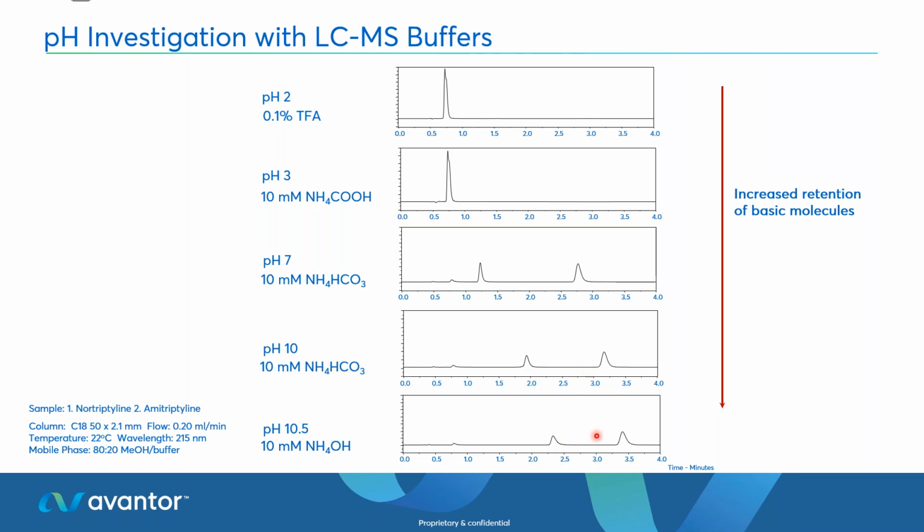And here we've changed to the ammonium hydroxide, and again, you can see a big difference. You can see the peaks are starting to get a bit broader. The retention time here is probably a bit too long, K values are too high, but it shows you the influence of changing pH on a very simple mix of bases.